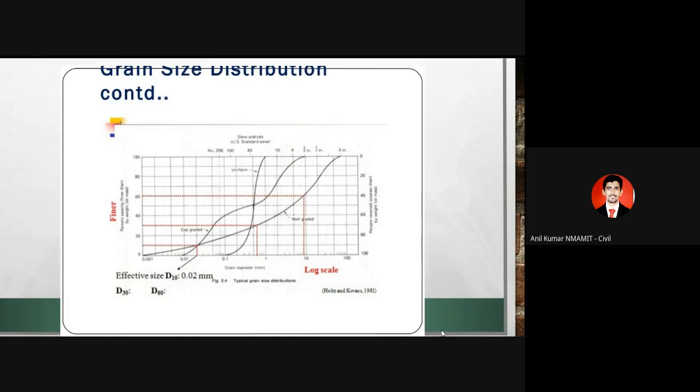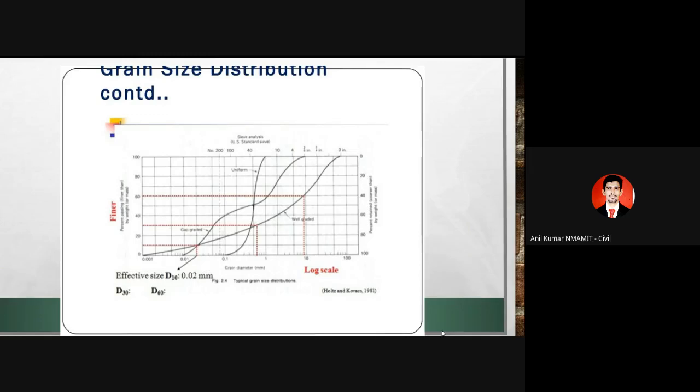Therefore, I call it a well graded soil sample. The reason I call it well graded is that in such a soil sample the presence of voids is very, very less. Why is it less? Because if there is a void, I have smaller size particles which will fill the voids, right? Because it has various particle sizes, the amount of voids is very less.